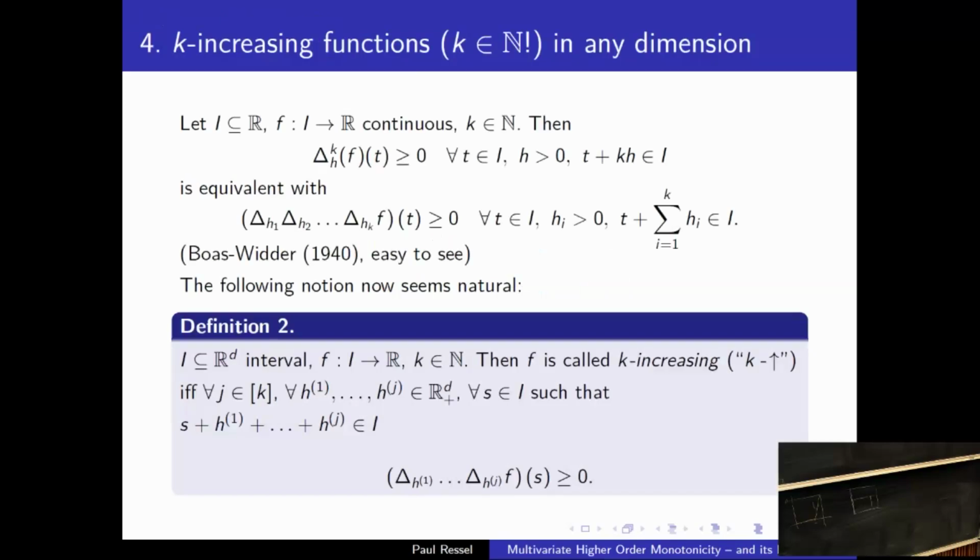Now I come to another notion of k increasing functions, and now k is a natural number, not a vector, but in any dimension. I start with this observation.